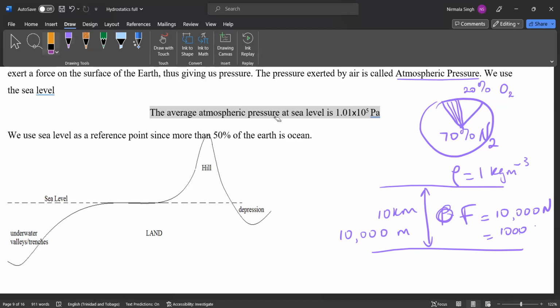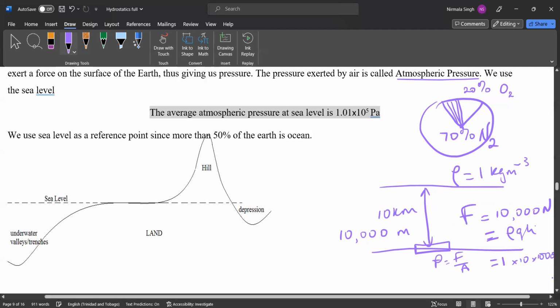Wait, that's not right. Force, pressure. Pressure is rho g h, which is 1 by 10 by 10,000, which is 100,000 pascals.